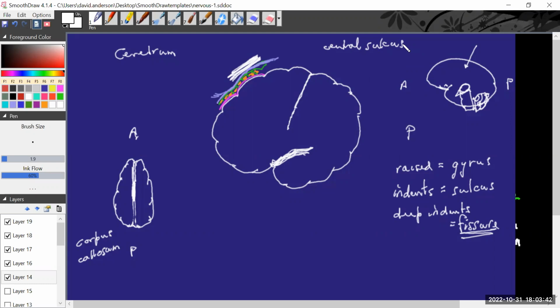And this cerebral hemisphere is a major site for conscious decision making. So a lot of the neurons are going to be involved with conscious functions in the body.